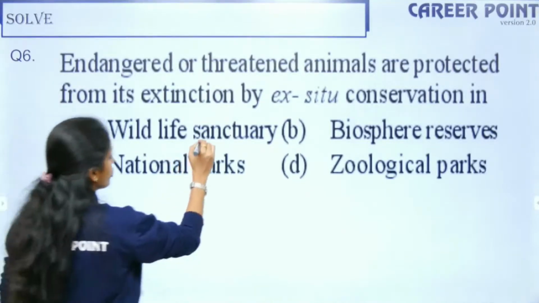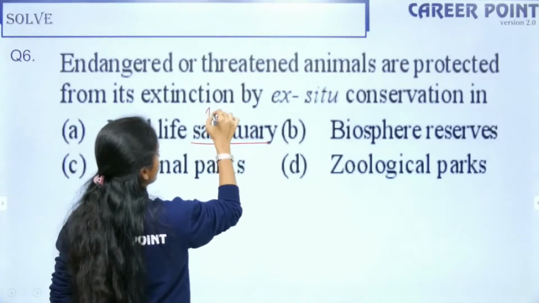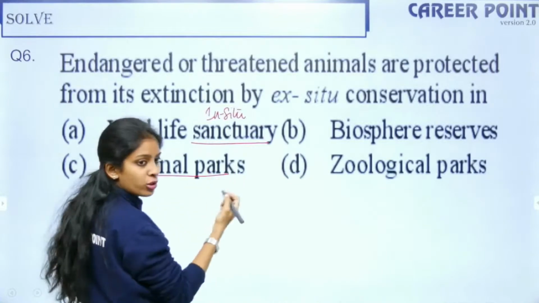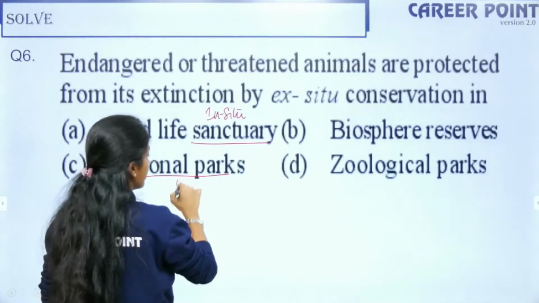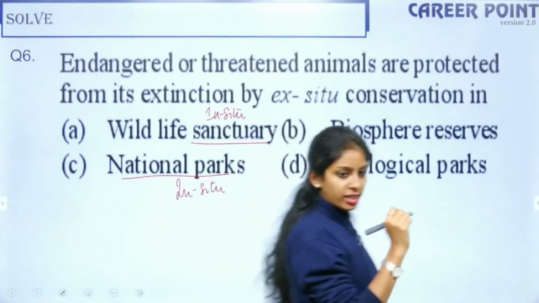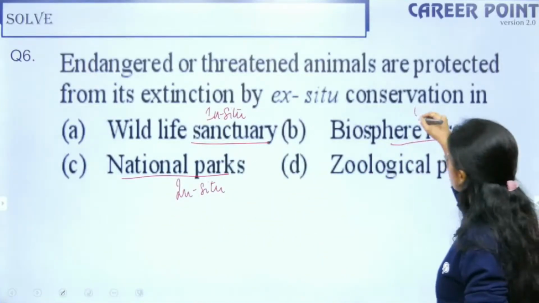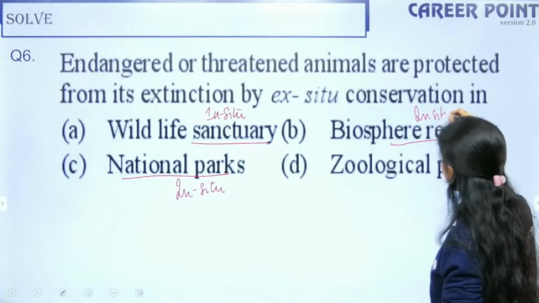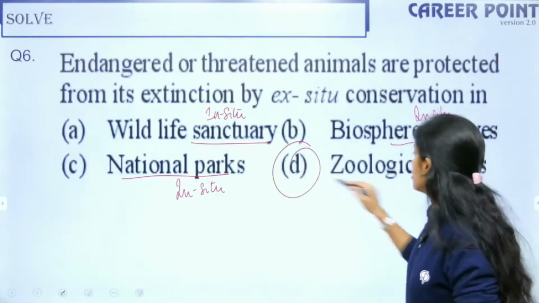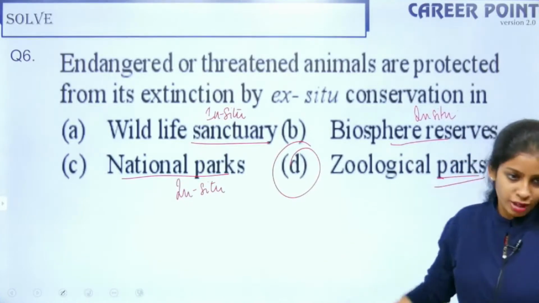Wildlife sanctuaries I have mentioned as in situ conservation. National parks, I told you Jim Corbett National Park, it is in situ. Biosphere reserve is a piece of protected land, so this also comes under in situ. Zoological parks are the last one. Yes. So, these are ex situ conservation.